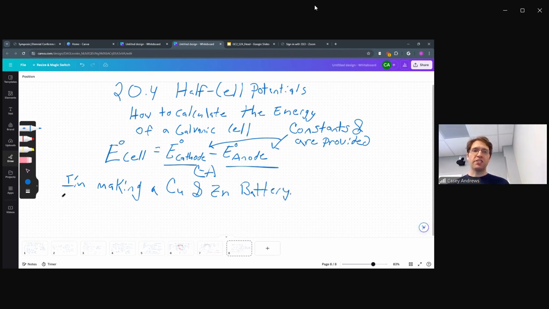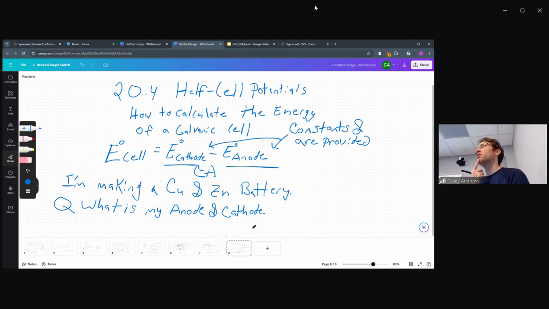And my question is, what is my anode? And what is my cathode? So what is my anode and cathode? So basically, this is one of the things you're going to be doing in lab. You're going to be making batteries out of metals like this, and you're going to be told to calculate E cell. You're going to be told to calculate the voltage of the cell.